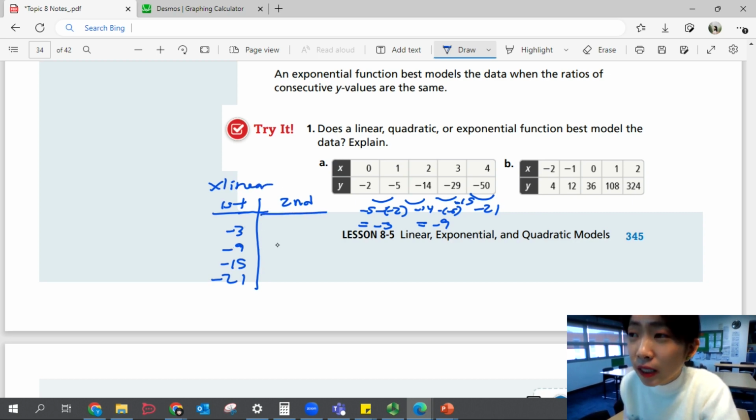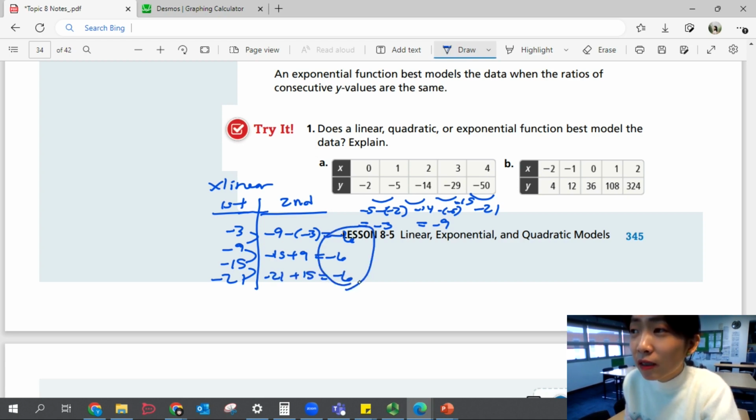And then for the second differences, we want to figure out the differences between the differences. So -9 minus -3 is -9 plus 3, that's -6. -15 plus 9 is -6. -21 plus 15 is -6.